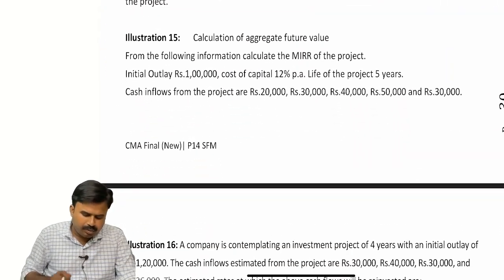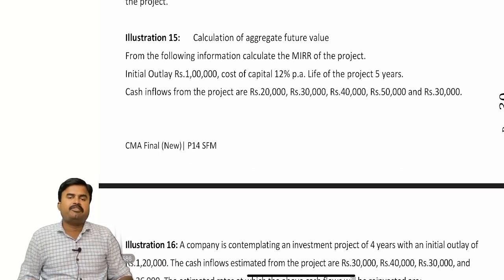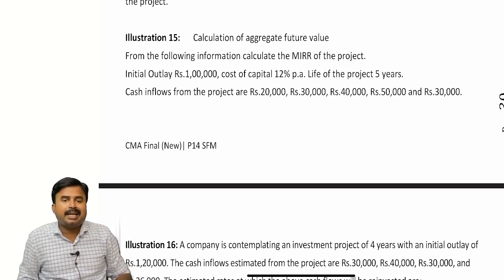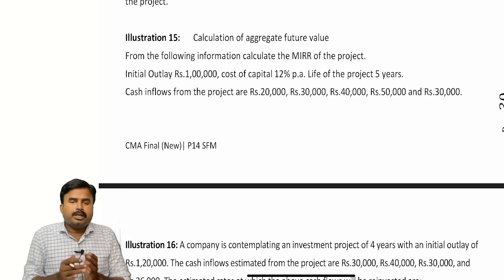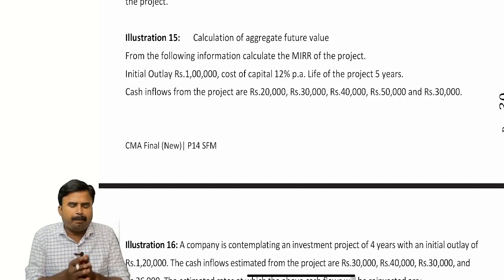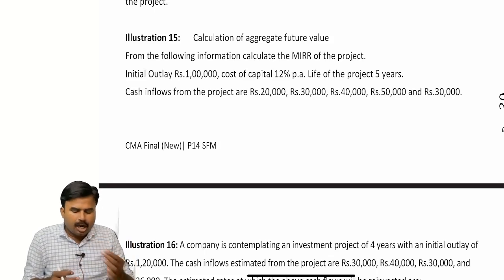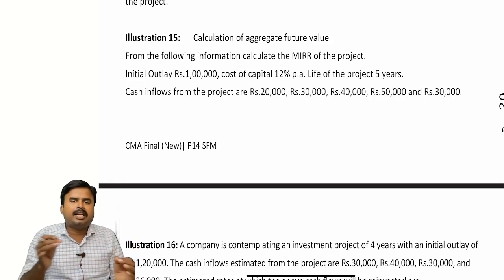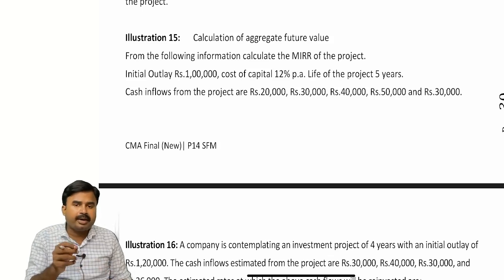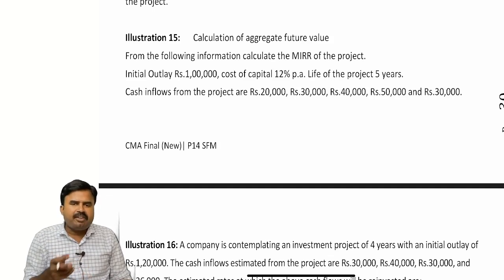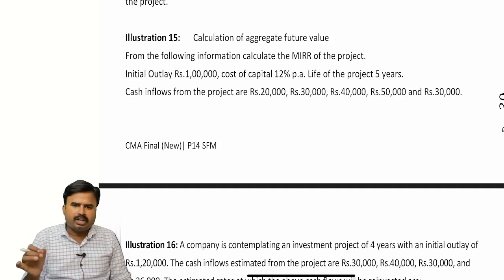Okay. So now here is the problem, illustration number 15, which gives you better understanding regarding modified IRR. Let me show you how to apply this particular process. Just now we understood one process for calculating modified IRR. We have a formula, right? Nth root of terminal value divided by present value of cash outflows minus 1 for non-conventional cash flows.